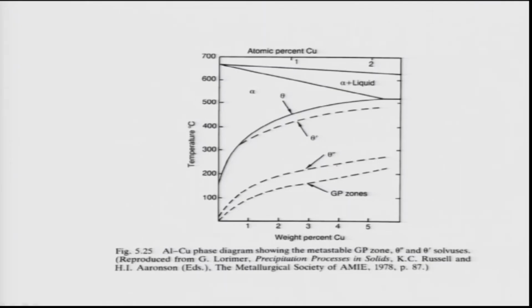The most important alloy is aluminum 4 weight % copper, which is known as duralumin, and as you see here, the typical heat treatment cycle which leads to precipitation hardening is like this.